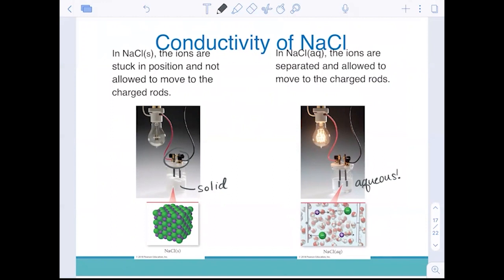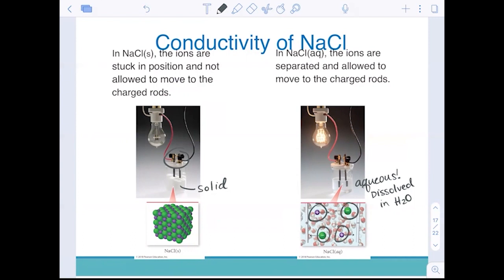That aqueous idea means dissolved in water. What that does, water is allowed to break up the lattice structure, and what we see are free-floating ions.